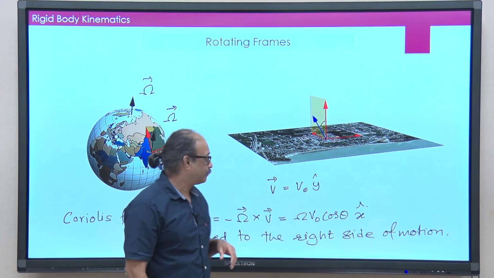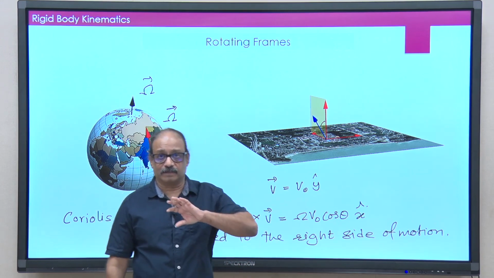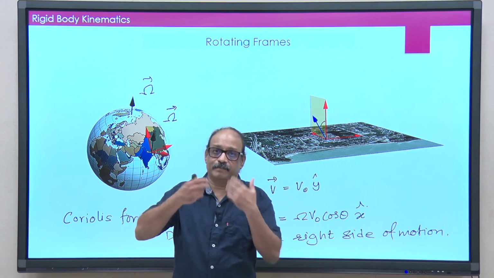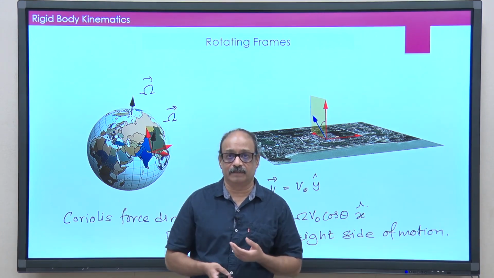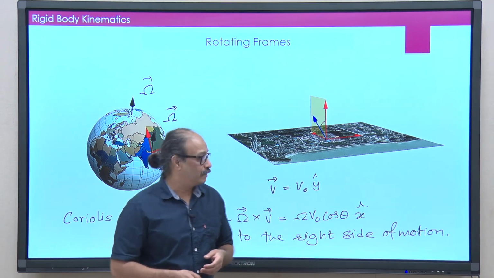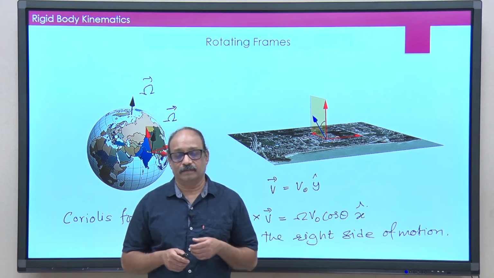So, whenever you look at a storm or a hurricane in the northern hemisphere, it goes counterclockwise. What happens in the southern hemisphere? Exactly the opposite of that, and that is a phenomenon that we can easily observe in the weather.